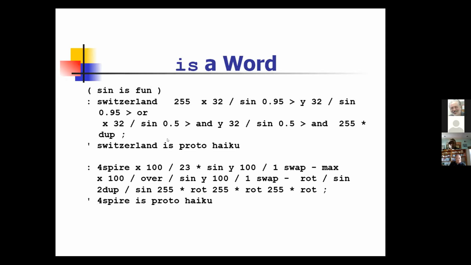So here, I defined Switzerland to paint 1 pixel in the canvas. And so tick Switzerland is proto. So this word, Switzerland, will be used in the haiku function, but it's taking the place of proto.